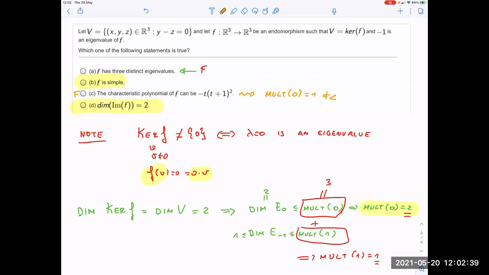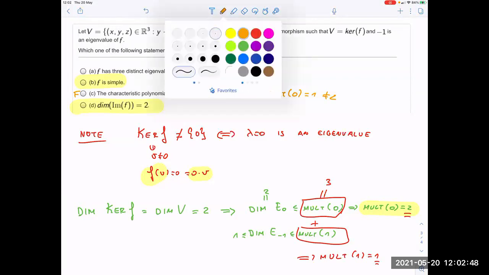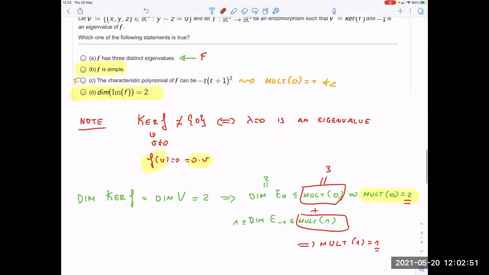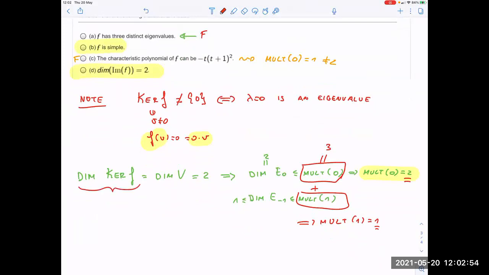Sofia Carnaut has a way to say that D is false, because she says that the dimension of the image should be 1. Well, since the dimension of the kernel is 2, by the rank-nullity theorem, I know that the dimension of the image plus the dimension of the kernel must be equal to 3, right? Since this one is 2, this means that the dimension of the image can only be 1. So this is why D is false. Yes, I agree. That's a way to say that D is false.